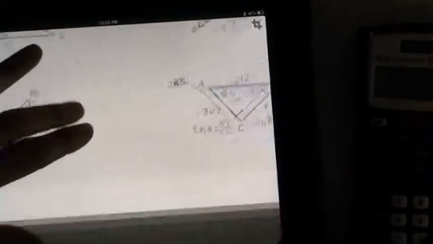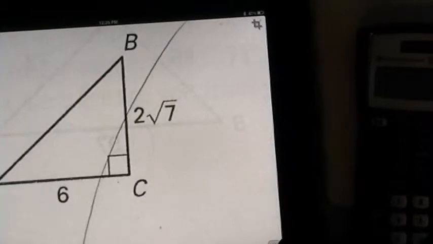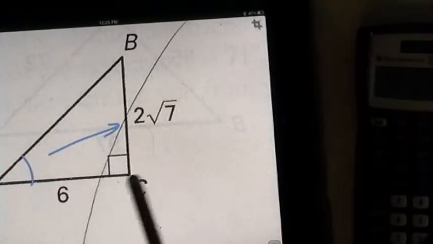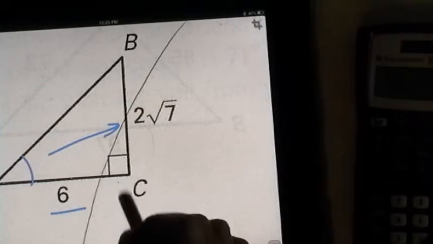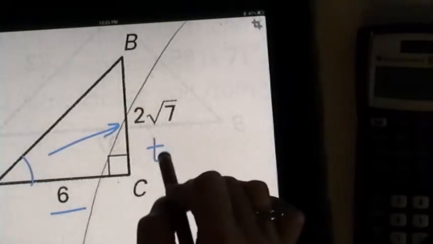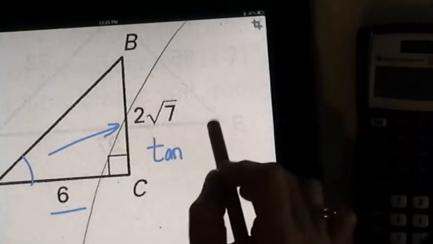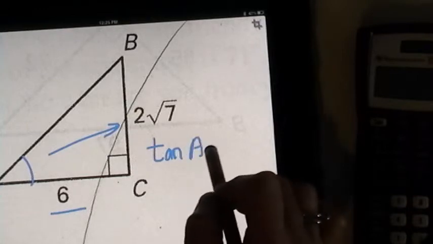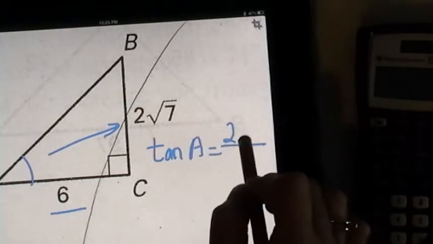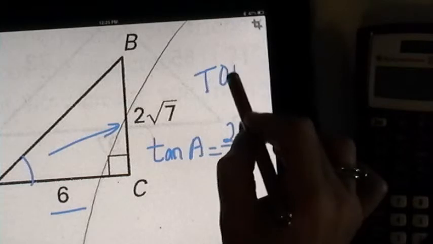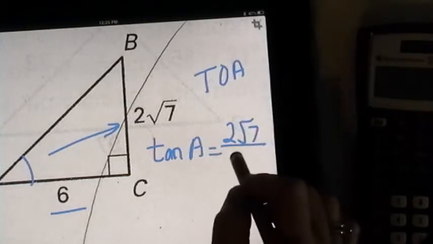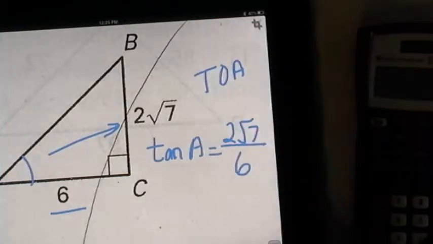Let's see what's over here. Oh, here's another one with a square root. That's good. The square roots are giving us trouble anyway. All right, in this case, if we're going to use A, we have the opposite side and the adjacent side. So that's tangent. Tangent of A equals the opposite side, and remember, I'm getting this from TOA, over the adjacent side, which is 6.